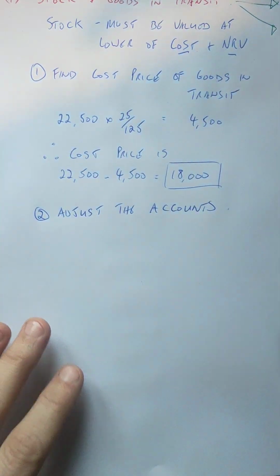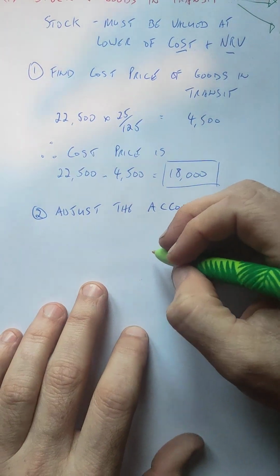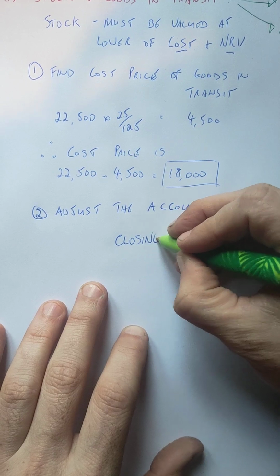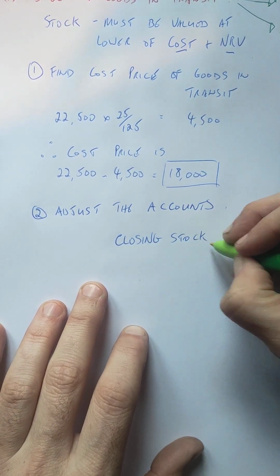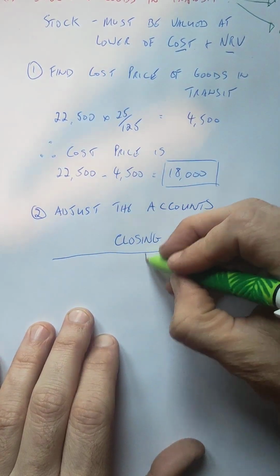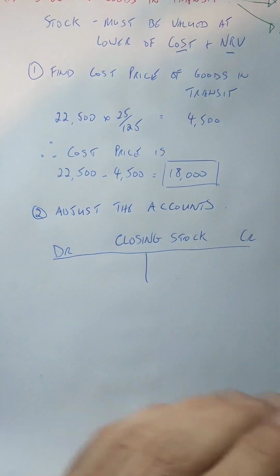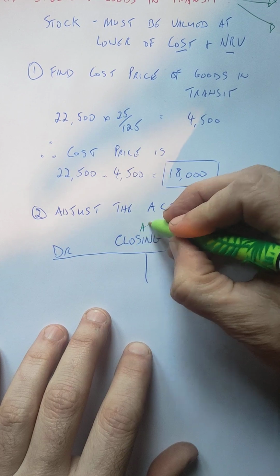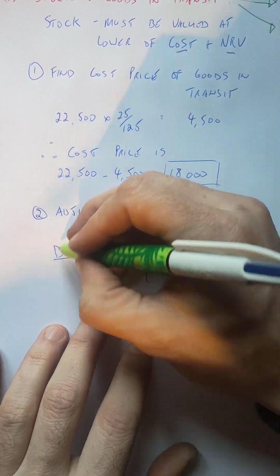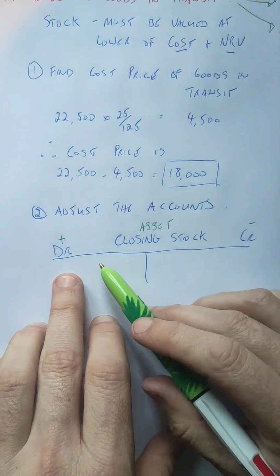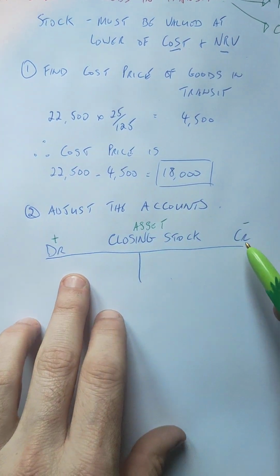Okay, so the second part then is to adjust the accounts. And the first one I'm just going to do is the closing stock. Now closing stock is just an asset. You own closing stock. So to increase an asset, what you do is put the plus sign over the debit sign, minus over the credit sign.